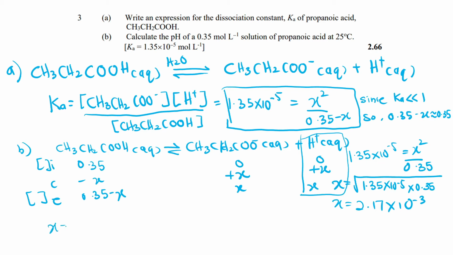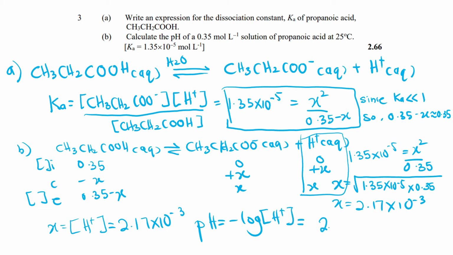Jadi x is equal to concentration H plus, iaitu 2.17 eksponen negatif 3. Jadi kita boleh kira pH. pH is negative log concentration H plus, 2.66 pH dah. Okay, so that's for question number 3.